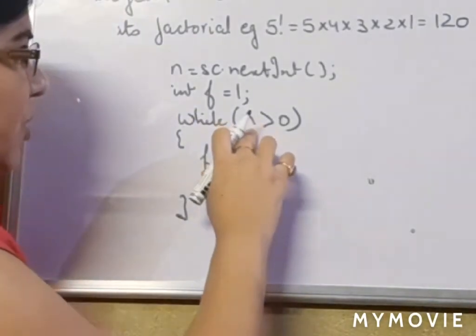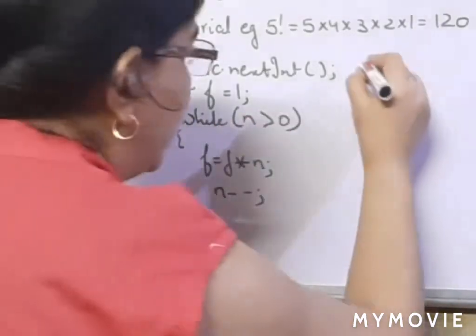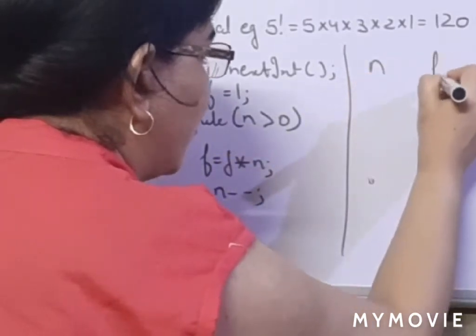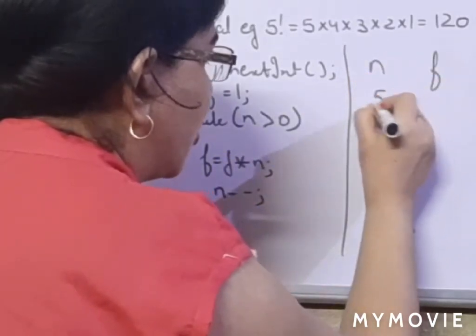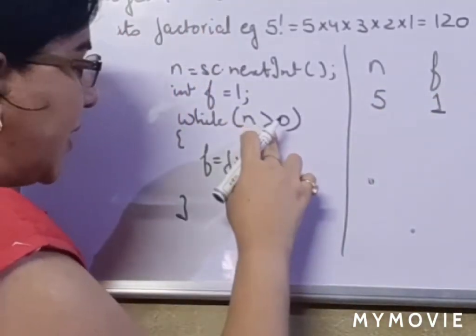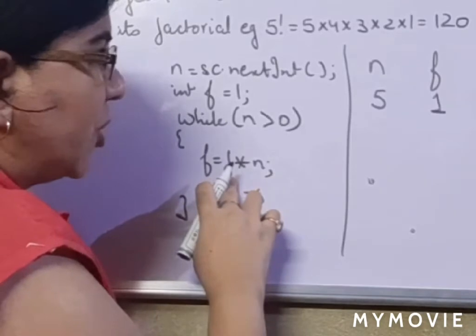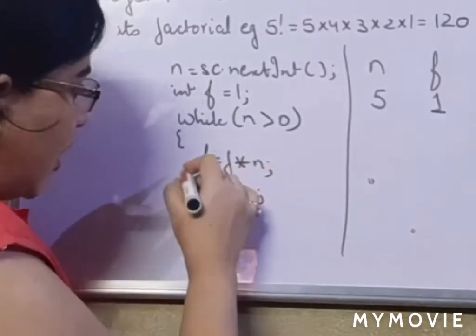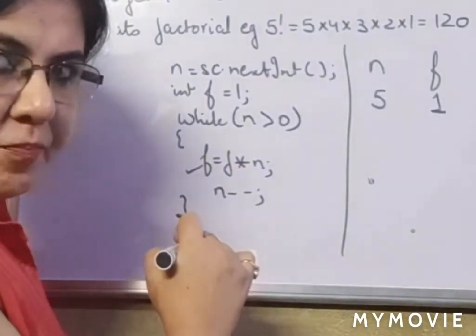We have got suppose n as 5 here. Let's make a table also to understand. This is n and this is f. N is suppose 5 and f is 1. While 5 is greater than 0, f is how much? 1. 1 into 5 will give you how much? 5, which will be stored in f.